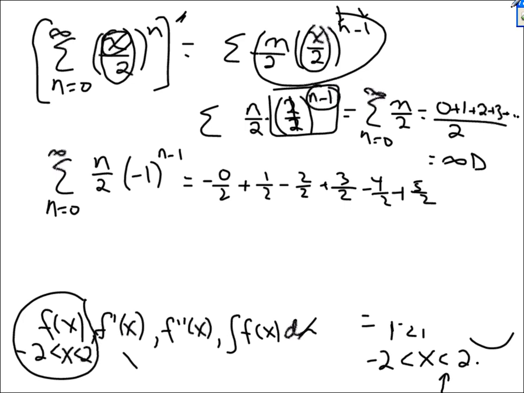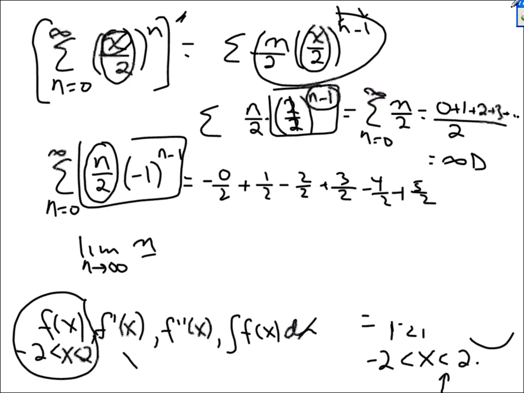Well, remember, a necessary condition for an alternating series to converge is that the absolute value goes to 0. The problem is that the limit as n goes to infinity of the absolute value of this, which is n over 2, doesn't go to 0. It goes to infinity. That implies it diverges. So it turns out, just like the first case, it doesn't converge at the endpoints.